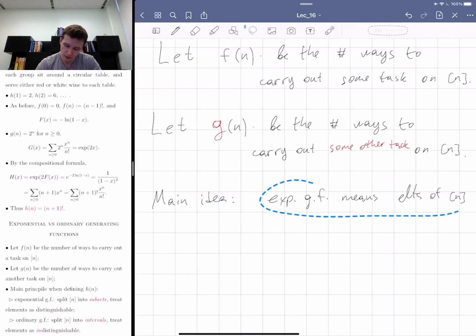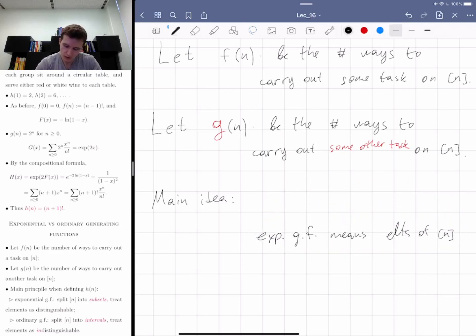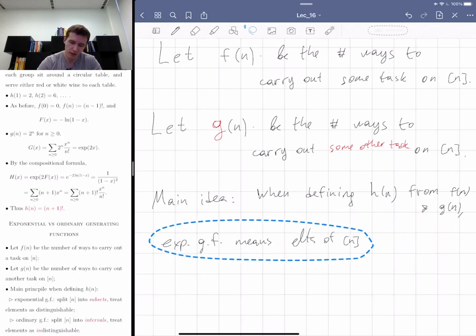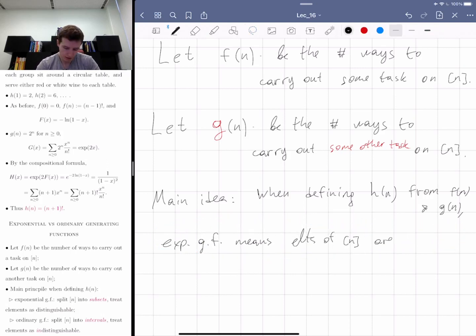So when defining h of n from f of n and g of n, if you deal with the exponential generating functions, that means that the elements of bracket n are distinguishable, and ordinary generating function means that the elements of bracket n are indistinguishable.